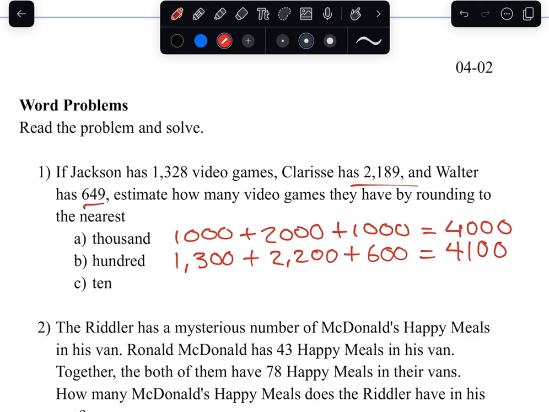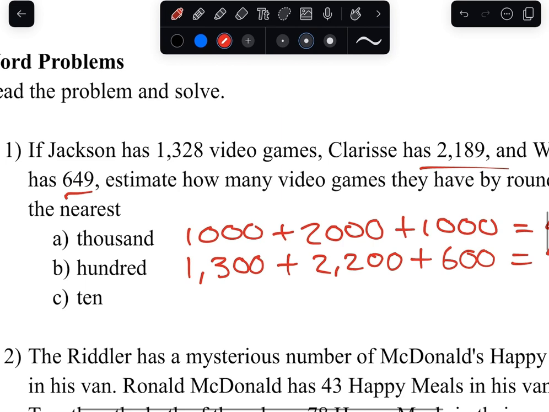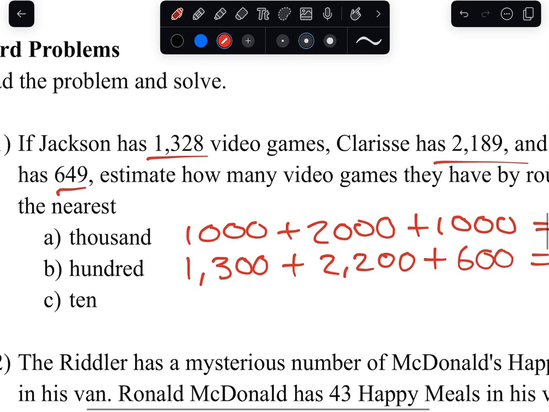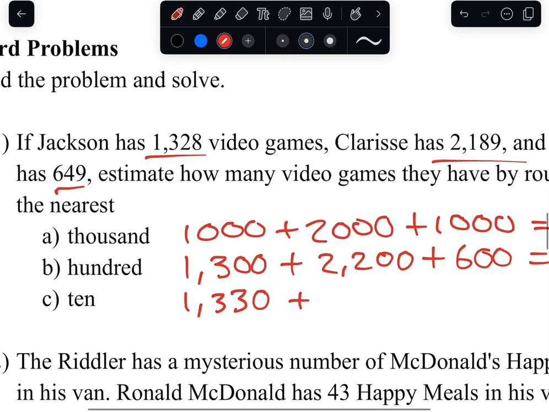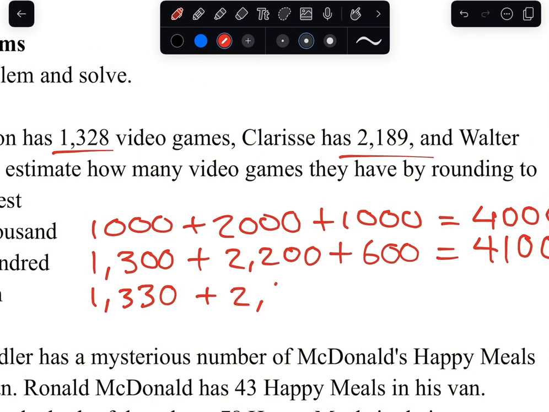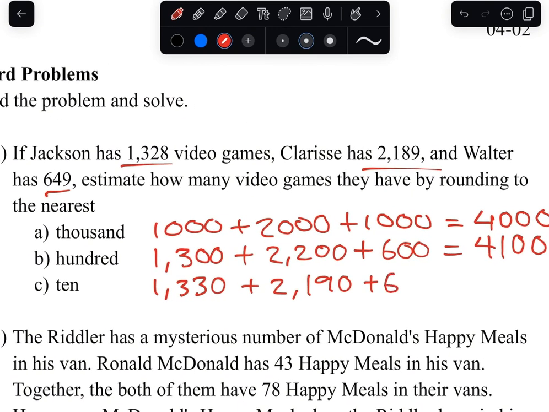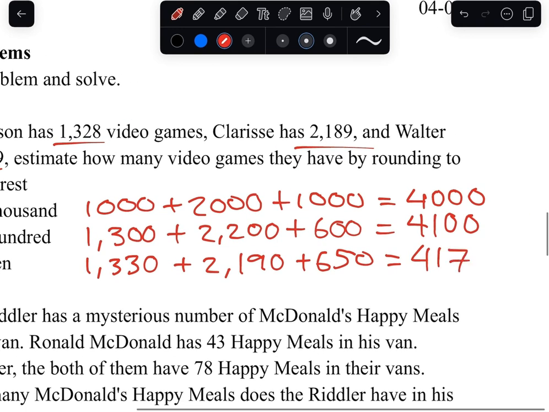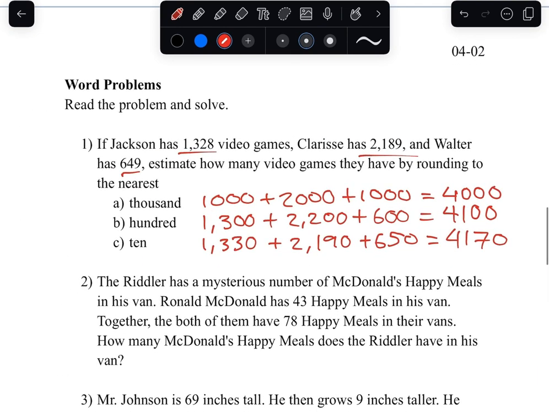Part C, they're asking you to round to the nearest tens place. So this rounds up to 1,330 plus 2,190 plus 650, which is 4,170 video games.